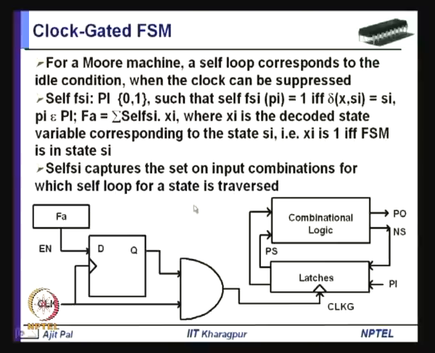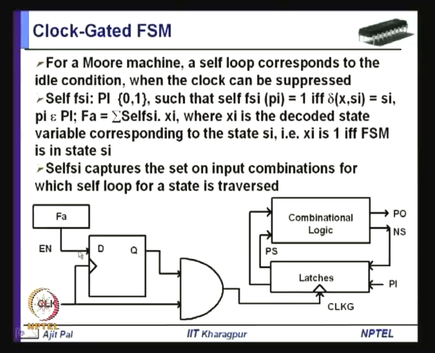Now, what can be done? You can identify those self loop conditions, and then you can disable the clock during this period. So, you can apply a gated clock instead of applying the clock directly to this finite state machine. That means both the primary input as well as the next state can be gated, and the gated clock can be applied. The clock will not be applied when the finite state machine is in a self loop, and this F_A identifies all these self loop conditions and accordingly generates the signal here.